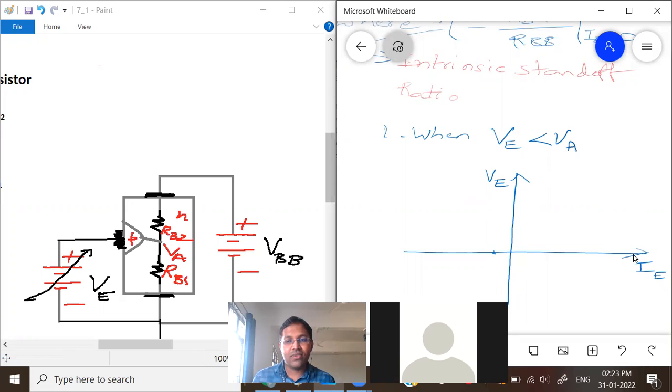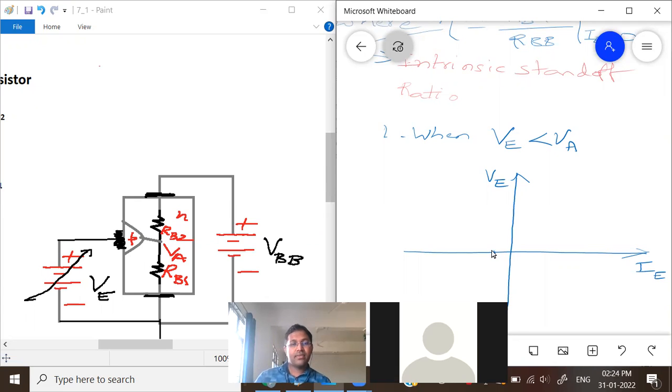When VE is 0, this particular PN junction is reverse biased, because VA is positive and VE is 0, so the junction is reverse biased. Some leakage current flows, which I am representing by a point here.